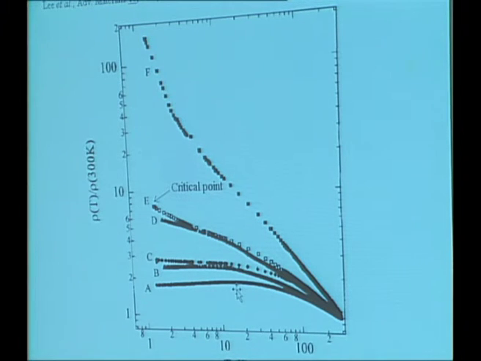Sample F was done at room temperature with a much higher current. And it turns out, maybe it's not so surprising, this sample is more ordered and this sample is less ordered.